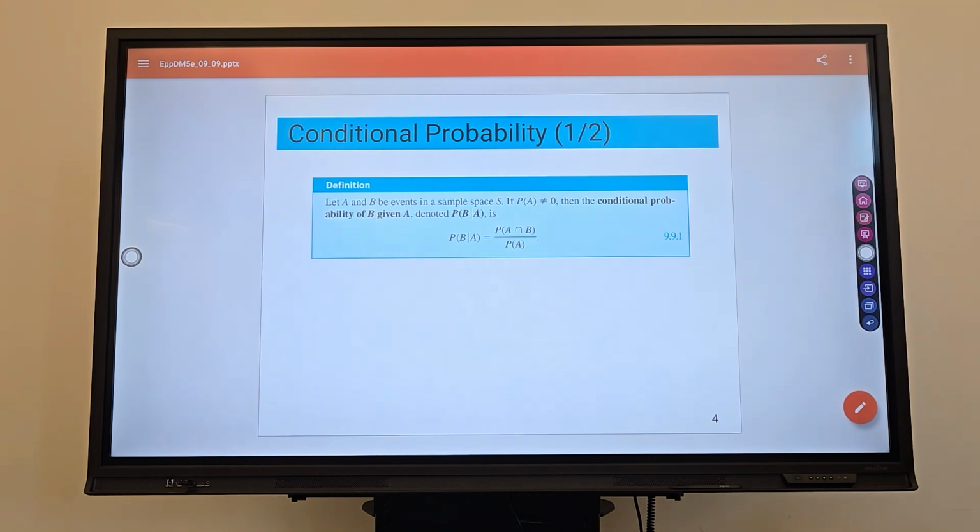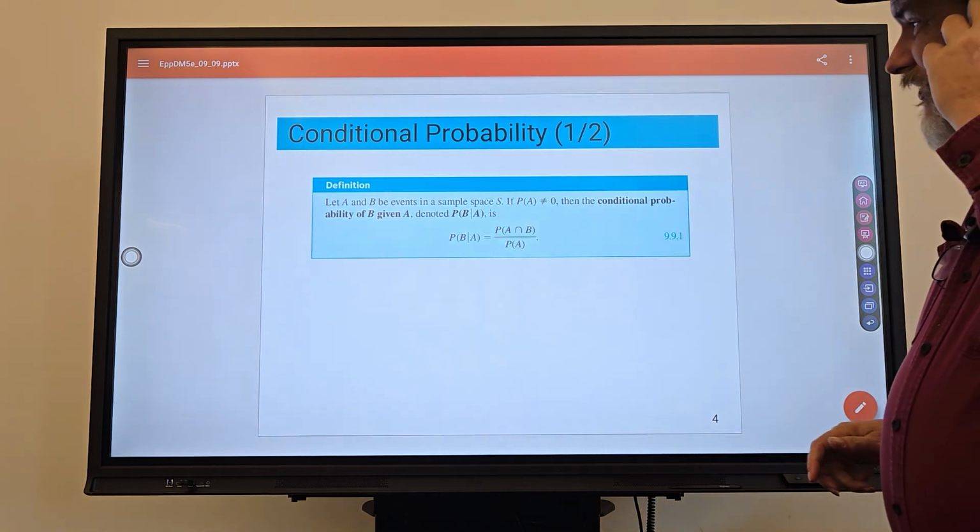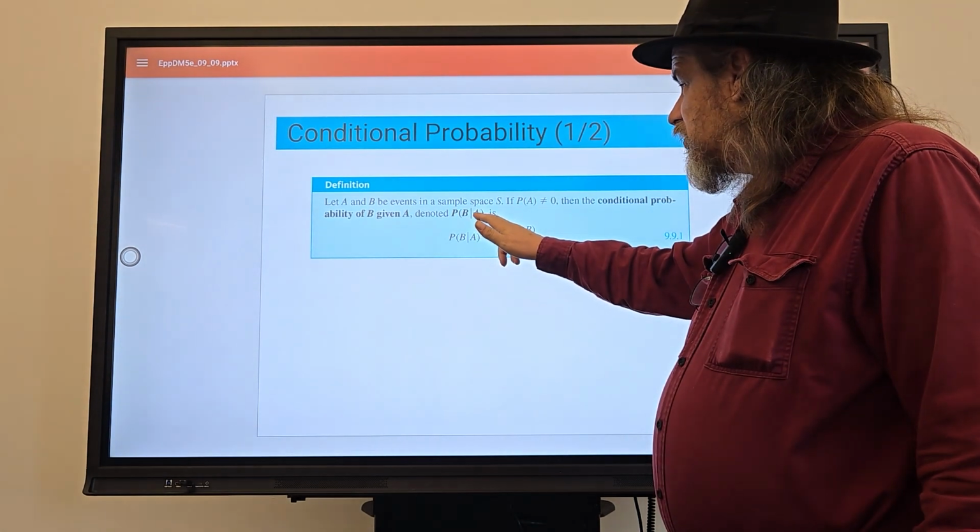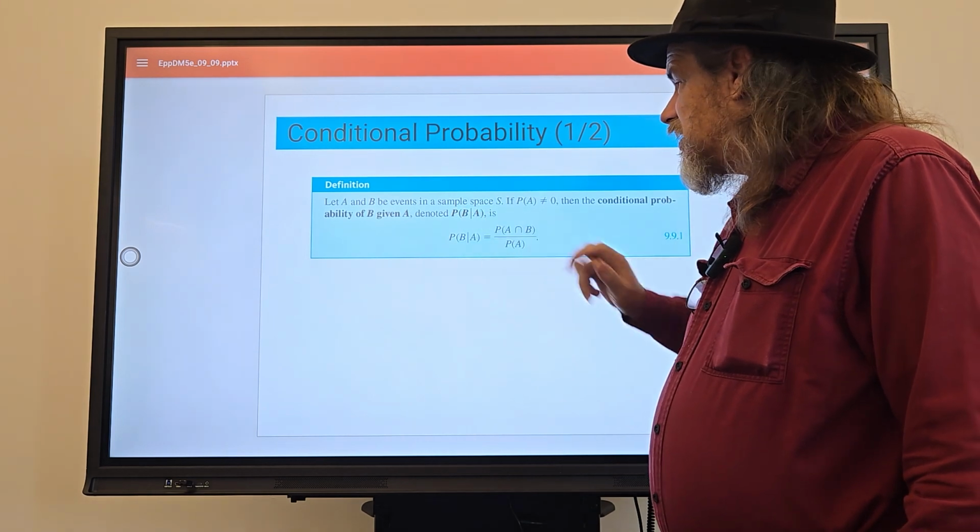If the probability of A is not equal to 0, then the conditional probability of B given A, denoted P of B given A, is the probability of A intersect B divided by the probability of A. Basically, if A is true, what is the probability of B happening if A occurs?